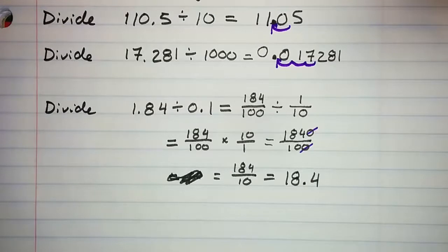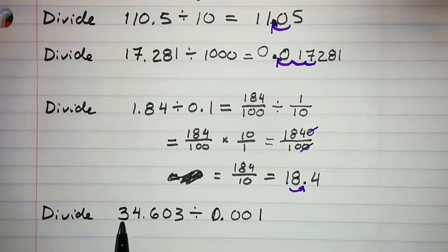1 zero in the denominator means 1 digit to the right of the decimal point. So notice what I saw here. My decimal point moved 1 place to the right. I had 1 digit to the right of the decimal point. Let's see if that carries out. Let's say we wanted to divide 34.603 by 0.001.